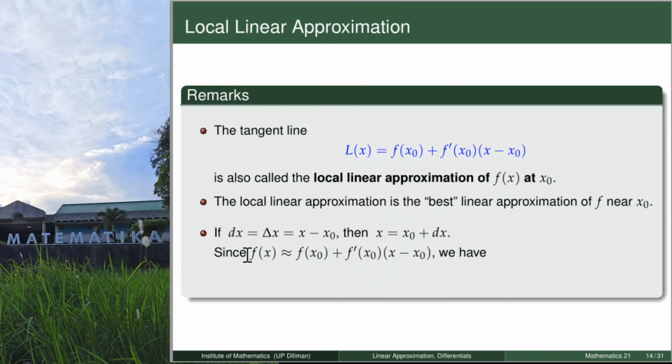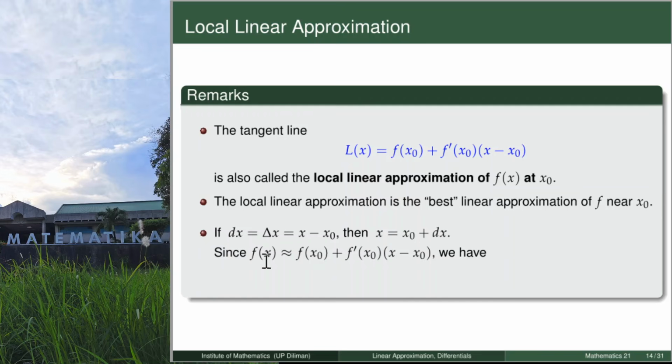And you remember this expression we had before? We can actually rewrite this in another way. So how do we do it? So remember that dx is delta x and delta x is x minus x naught. So we can transpose x naught to the left side. Then we will have x equals x naught plus dx.